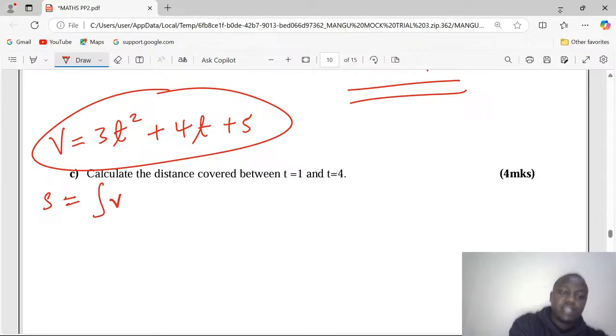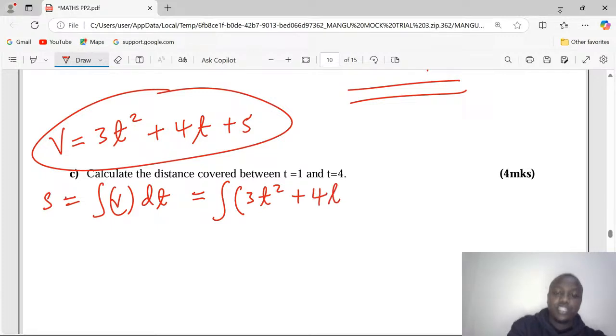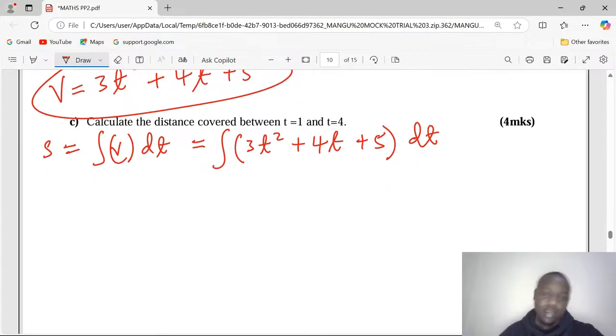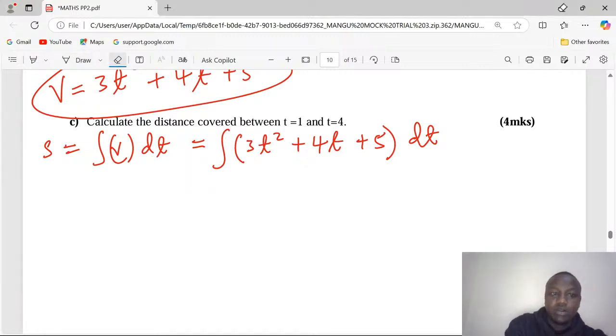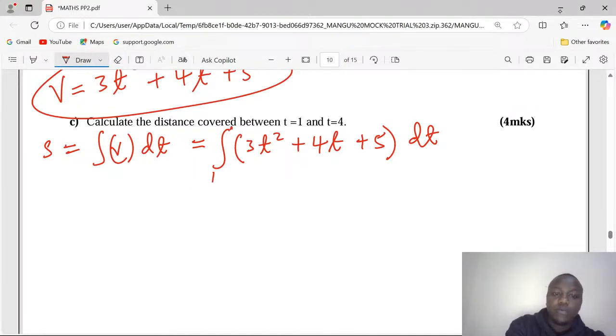Therefore, the integral of 3t squared plus 4t plus 5 with respect to time. This is what we are now carrying out. Remember, it is now a definite integral, from 1 all the way to 4, the distance in between there.